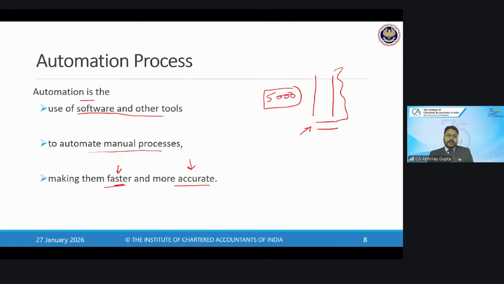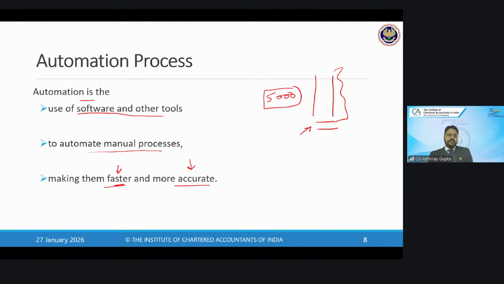Correct. That's one very fine example of automation. In today's world, earlier, suppose we were doing a bank reconciliation statement. We were seeing what we had recorded in our ledger and what was in the bank statement. We identify the delta, and then see whether we have missed something which we need to record, or whether the bank has levied something we were not aware of, for example bank charges.